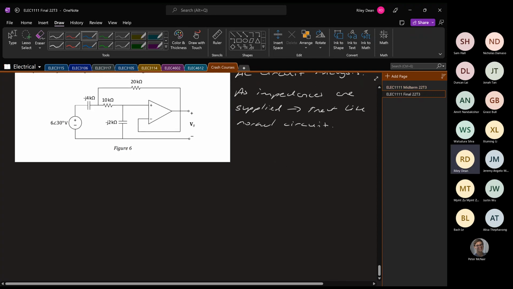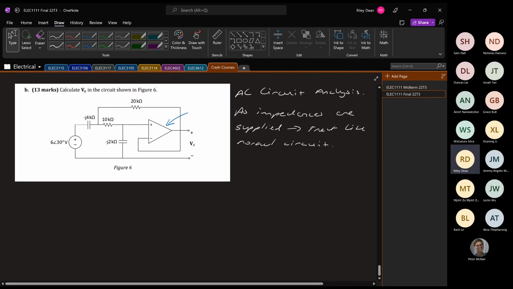Could someone tell me what they think this topology is for the op-amp? Because that'll be our first step, just like before. So what makes you think it's a voltage follower?